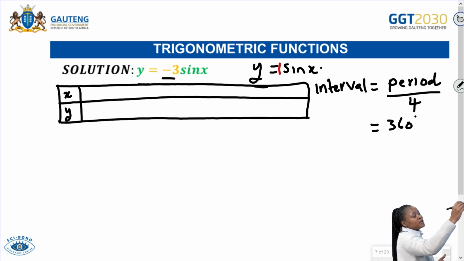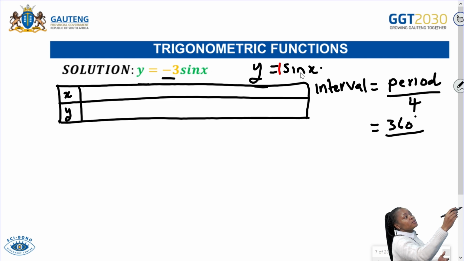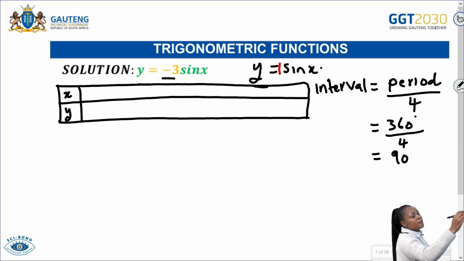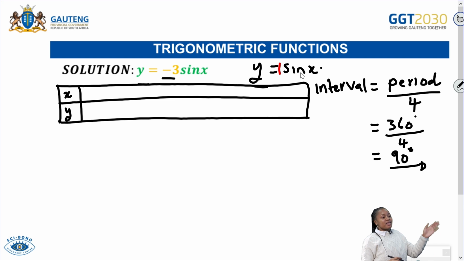So your graph takes 360 degrees to finish the first circle. So 360 degrees divided by 4 is 90 degrees. So it means you'll be using steps of 90 degrees. Are we together? The steps of 90 degrees, or you can say the intervals of 90 degrees.